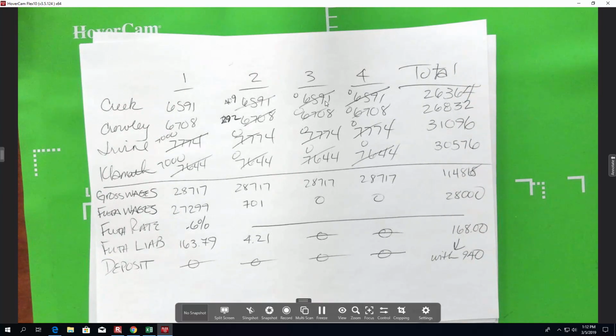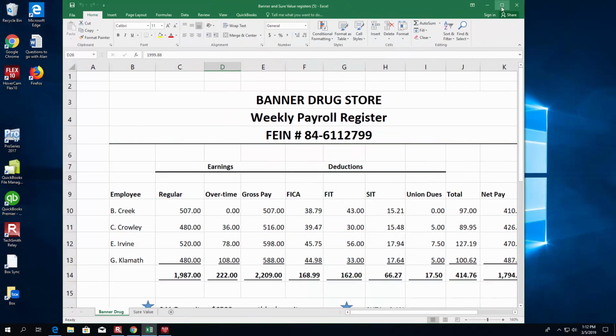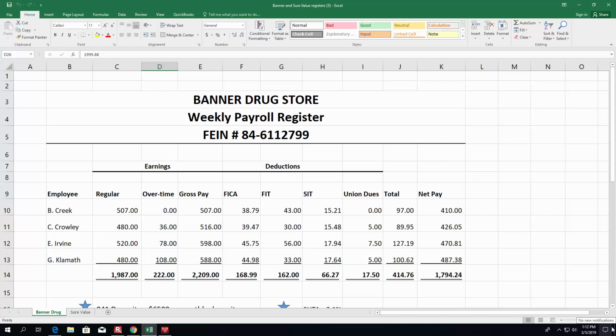So I'm going to pull up my 940 on the screen, but you have them in hard copy, right? Start by filling out the top.